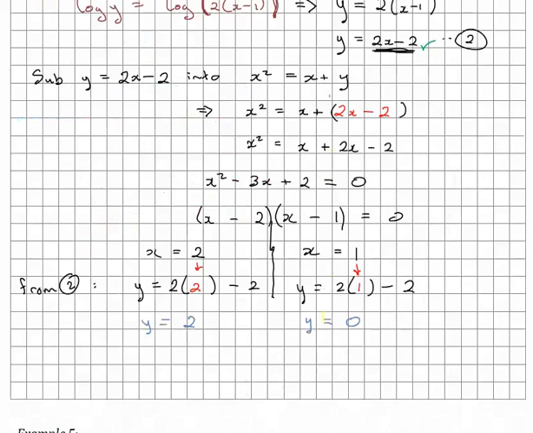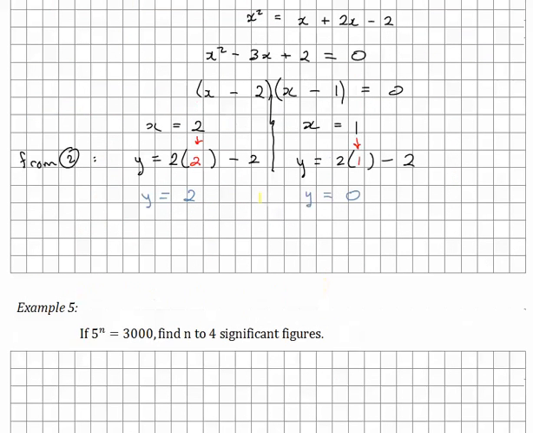So what do we have? X is greater than 1 and y is greater than 0. The only one that satisfies that is this set of solutions here. Y has to be greater than 0. So even though it's a valid solution to our quadratic, it doesn't satisfy the conditions of the question.